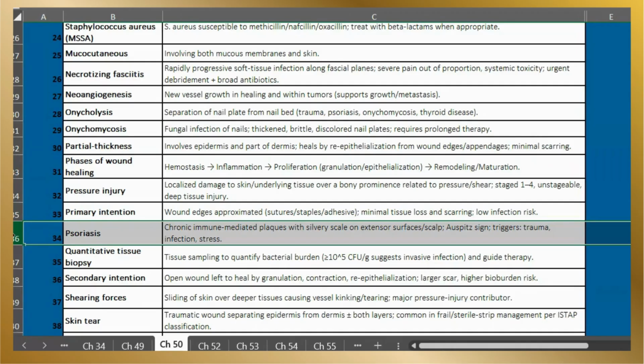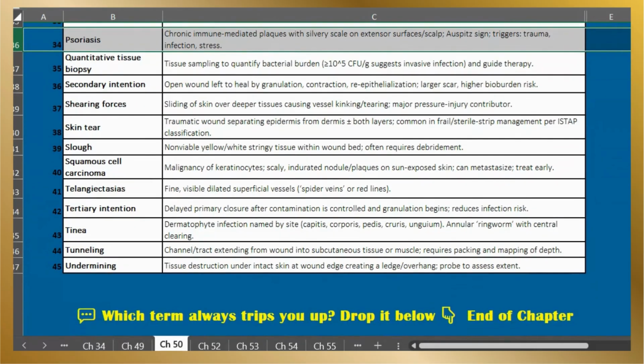Psoriasis. It's a chronic immune-mediated plaque with silvery scale on extensor surfaces, scalp, triggers trauma, infection, stress. So P is like a plaque with silvery scales, that's how I call it.